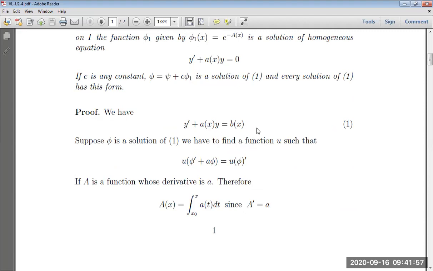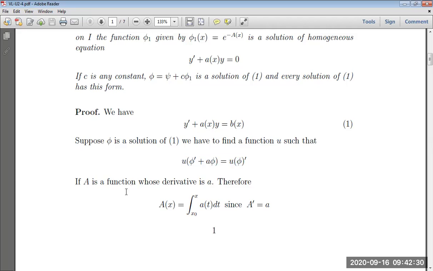Okay. So if this phi is a solution of this differential equation 1, then we find a function u such that u into phi dash plus a into phi is equal to u into derivative of phi. So let us construct such function u which satisfies this equation.